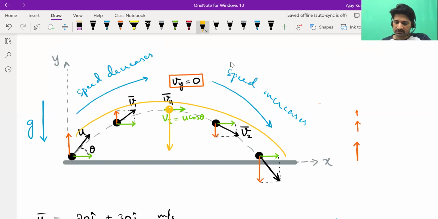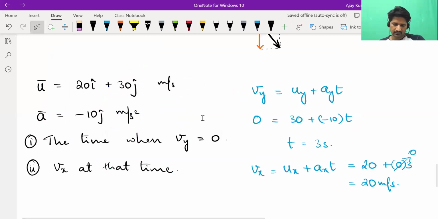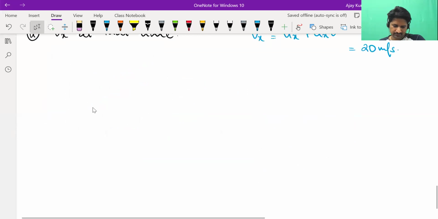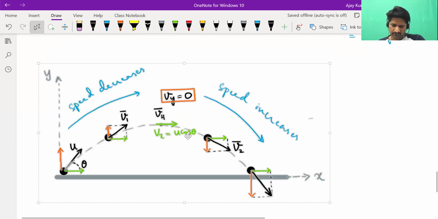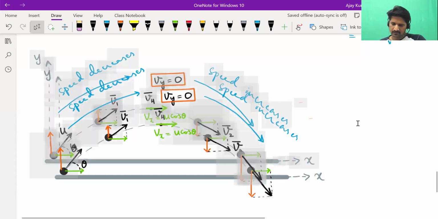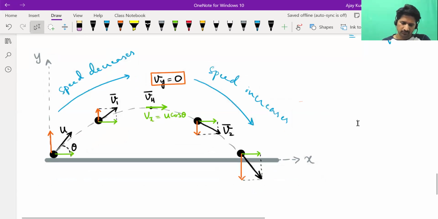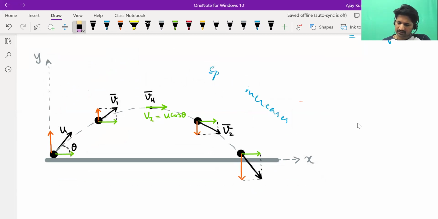It continues because it has that horizontal component there. Right. So we know what happens to the x component, y component. As a whole, speed decreases during ascent, speed increases during descent. Now we need to find out how much is the maximum height to which the object rises.